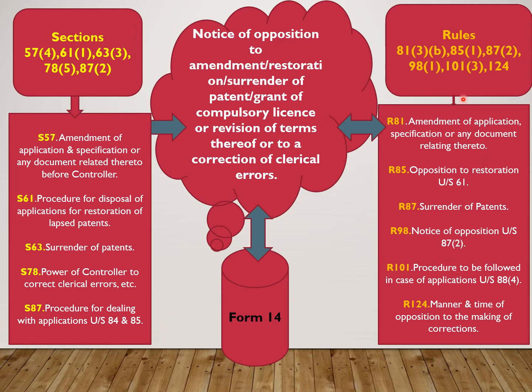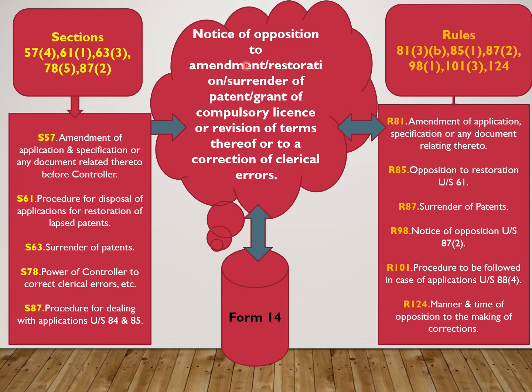Okay, and the related rules we will discuss briefly. Rule 81 says amendment of application, specification or any document relating thereto. Rule 85 says opposition to restoration under section 61. Rule 87 is surrender of patents. Rule 98 is notice of opposition under section 87 subsection 2. Rule 101 is procedure to be followed in case of application under section 88 subsection 4. Rule 124 is manner and time of opposition to the making of corrections. So you can see as a whole here there are a number of keywords.